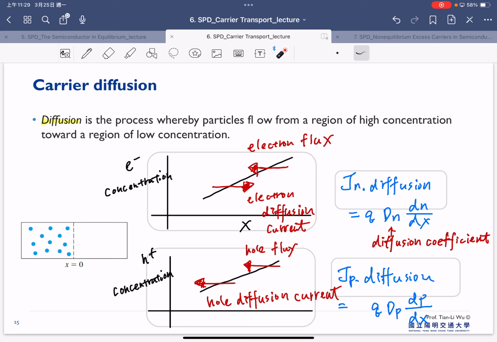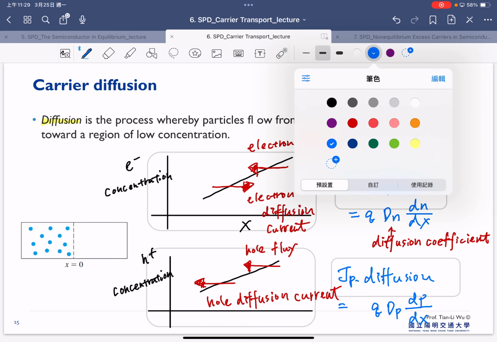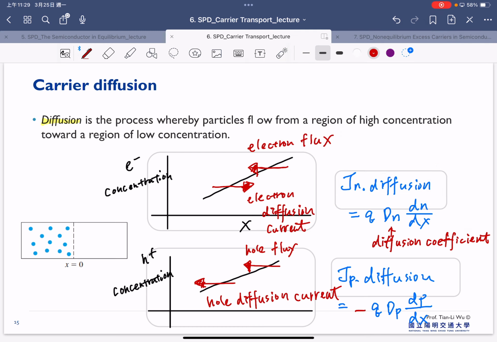So we have to consider a negative sign here, because right now the hole current flows toward the negative x axis. That's why we have the negative sign here.